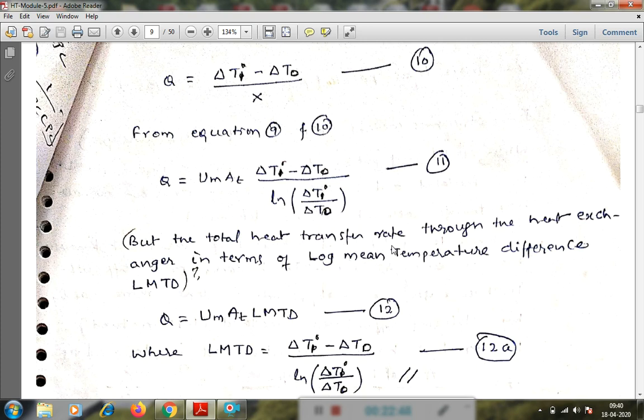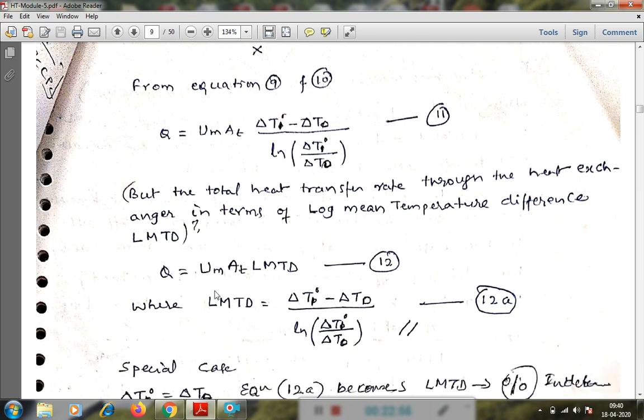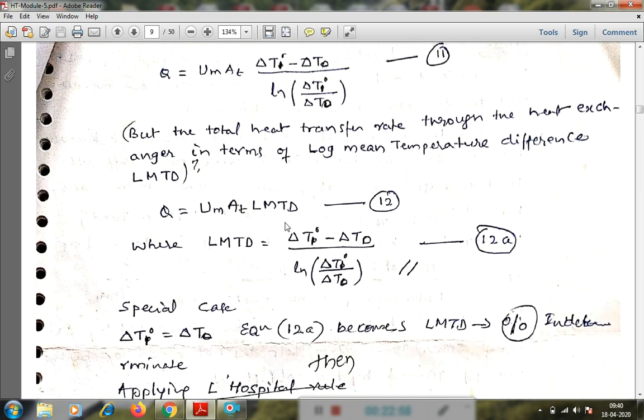The total heat transfer rate through the heat exchanger in terms of the log mean temperature difference, LMTD, is Q equals UM AT LMTD, where LMTD is delta Ti minus delta T naught by ln of delta Ti by delta T naught.